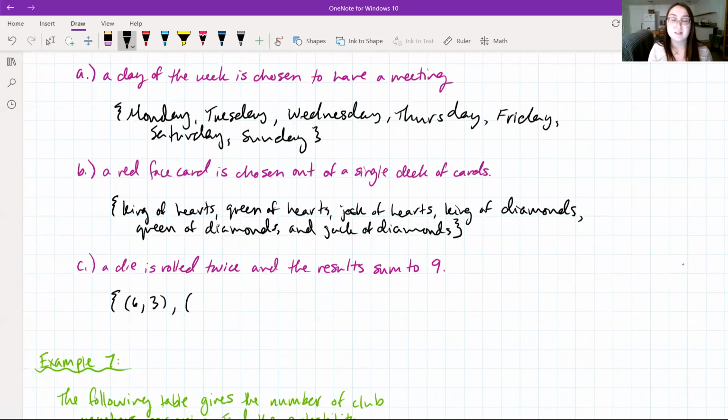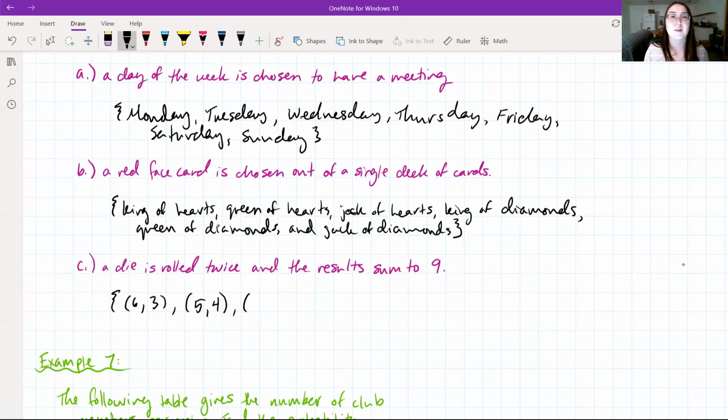Then let's say our first die rolled a 5, then our second die would have to roll a 4. Because remember, we're thinking about these summing to 9. Now we have 6 and 3 and 5 and 4, and if you think about it, these are the only combinations we can get that will sum to 9.